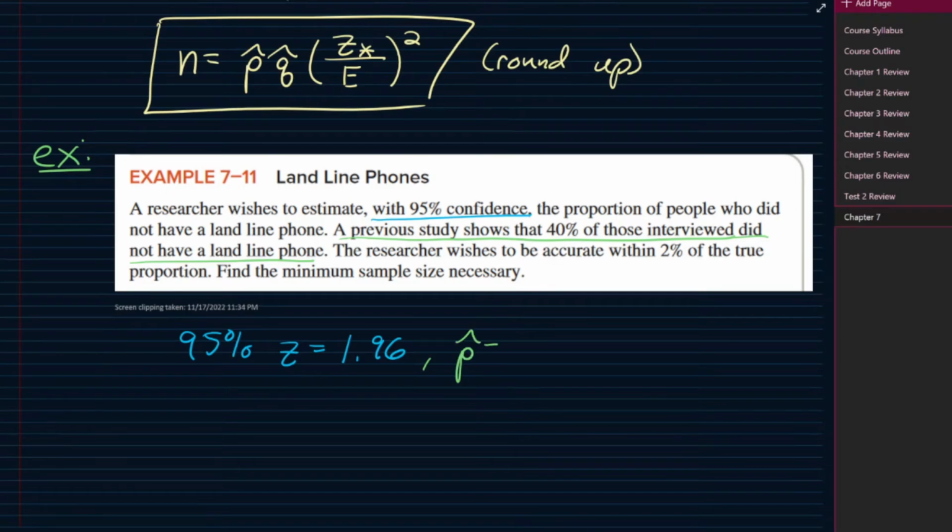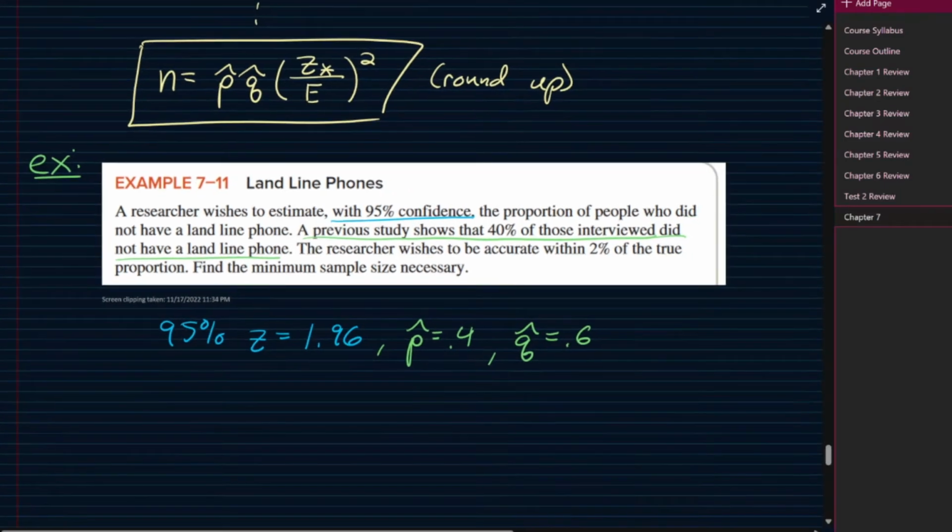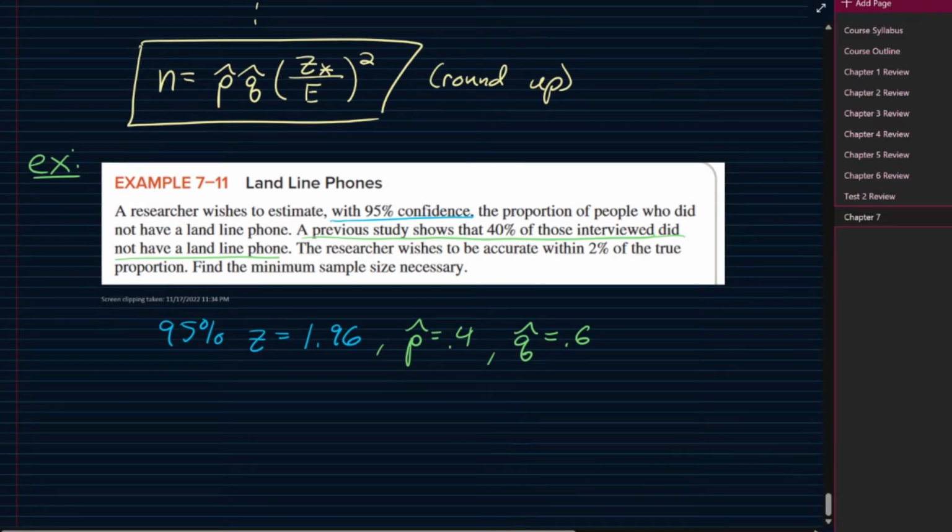And therefore our q hat would be 0.6. The researcher wishes to be accurate within 2%. That's our error. As a decimal, that's 0.02. So we know p hat, we know q hat, we know z star, and we know e. Plug it all into the formula, round up, and that will tell us the minimum sample size necessary.